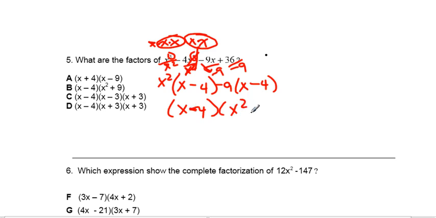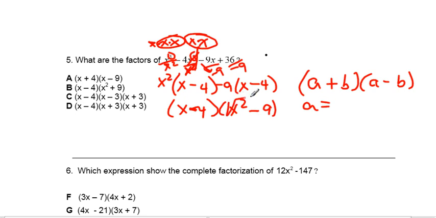This is a -4. But x squared is a perfect square, and 9 is a perfect square. So we need to use a plus b and a minus b. Well, how do we find our a and our b? You square root the first term, you square root the second term. So then it's x plus 3, x minus 3.